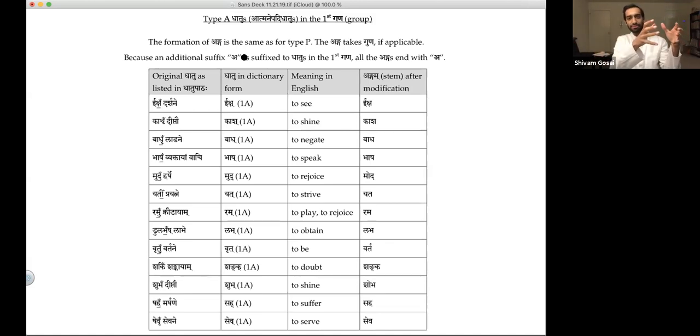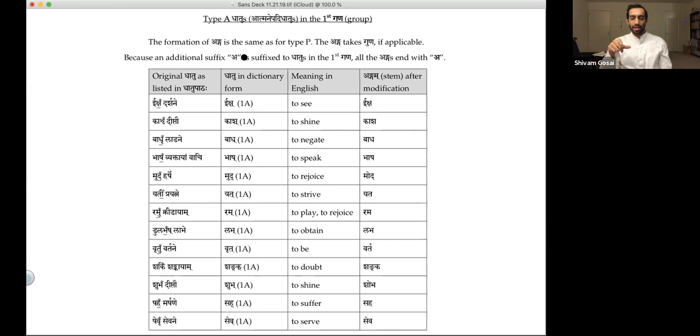Tingantam Padam is made up of Dhatuhu plus Ting Pratyaya, and Subantam is made up of Pratipadikam plus Supratyaya. The Dhatu is in 10 groups and 3 types, P, A, U. We've seen Parasmaipadi Dhatus up until last class. Then in the last class, we started entering Atmanepadi Dhatu.